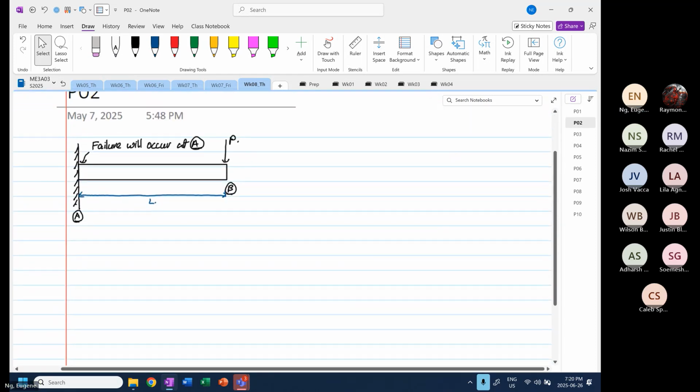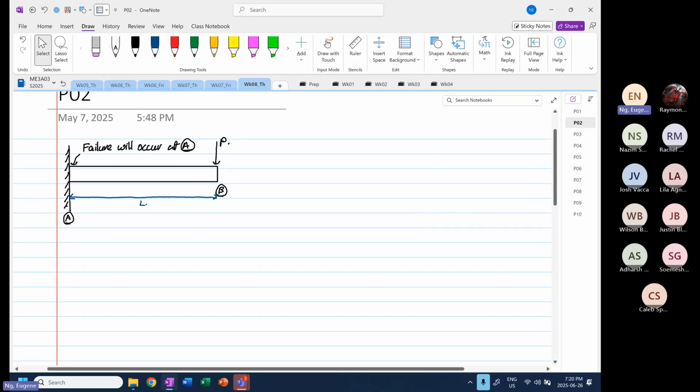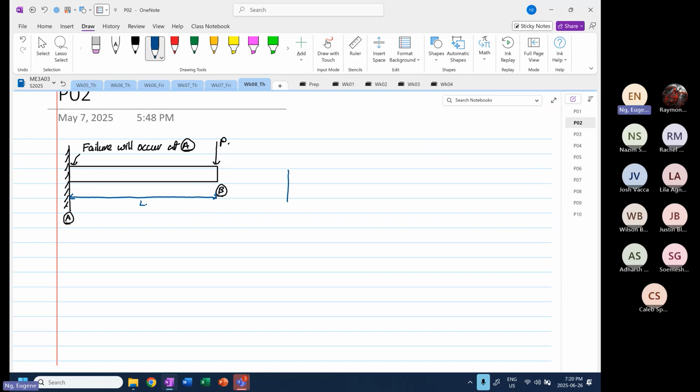Now, what is interesting is this. You know at point A, if we look at an element, if I'm going to sketch an element, we have determined that the element has a normal stress X, and we also have a shear XY, and then this is shear YX.